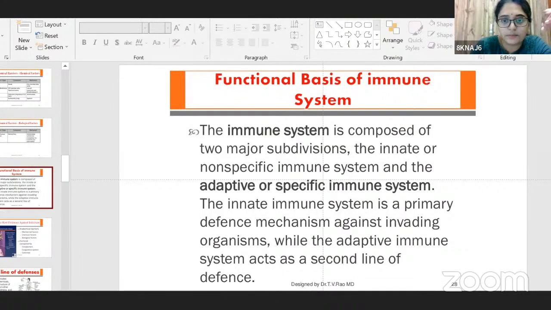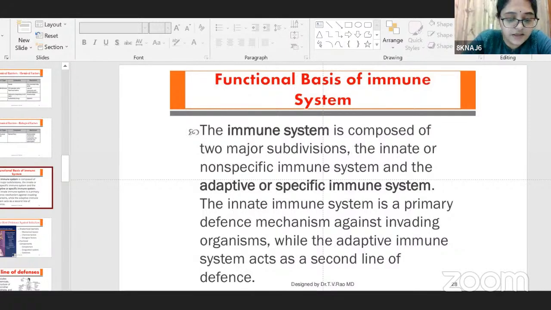Once this is done, the secondary line of defense is the adaptive immune system, because of which you recognize the antigen. And then you should be able to do the third line of defense. That is when your antibodies and the activation of humoral and cell-mediated immunity kick in.